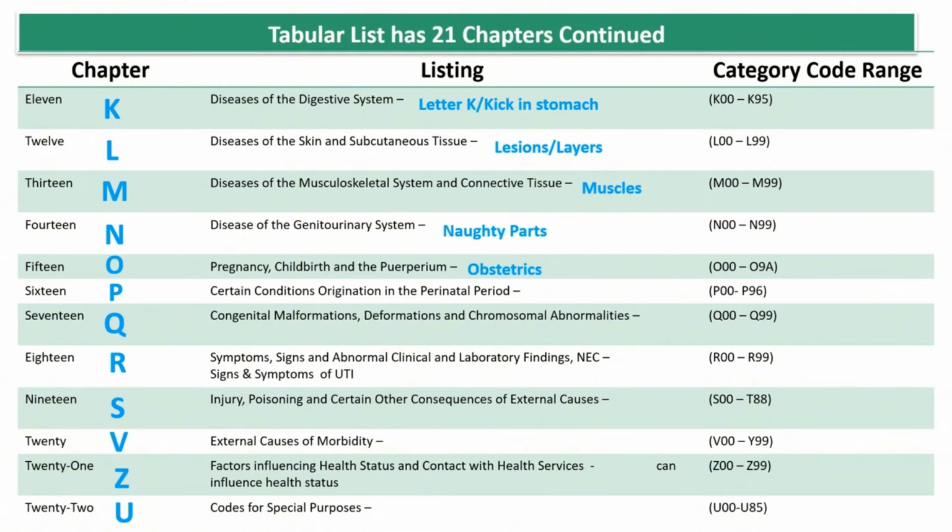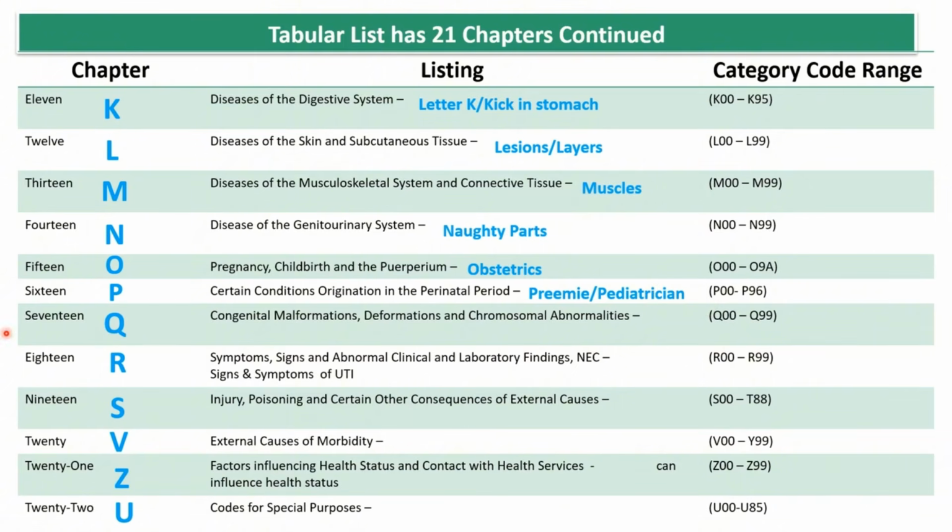Chapter 16 houses the conditions originating in the perinatal period. Perinatal conditions begin with the category letter P, P00 through P96, and P is for what? Premature baby, pediatrician, right? Perinatal period.